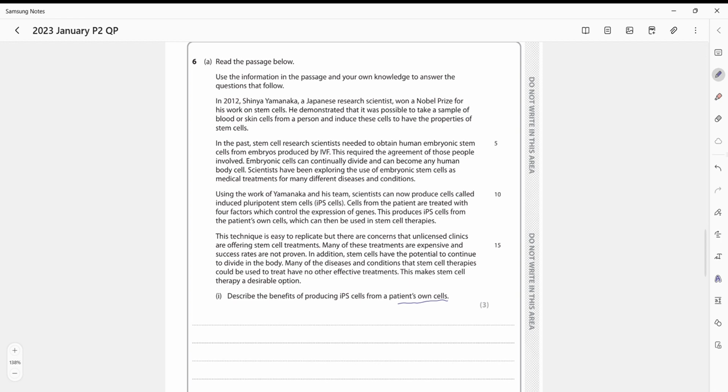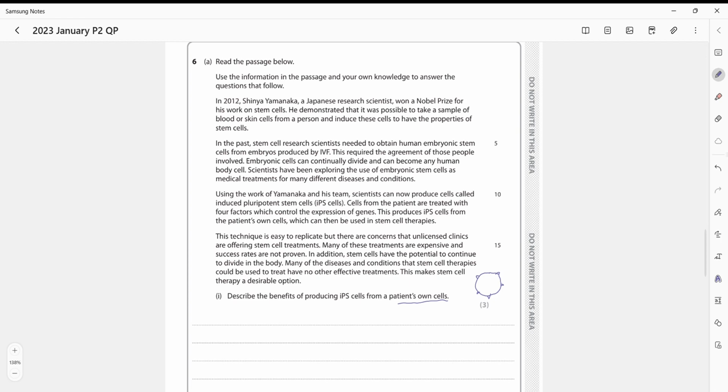And because they're genetically identical, the antigens, which are the little proteins found on the cell membrane, are not going to be recognized as foreign by the immune system. That's a great thing because then these cells do not get rejected by the patient.